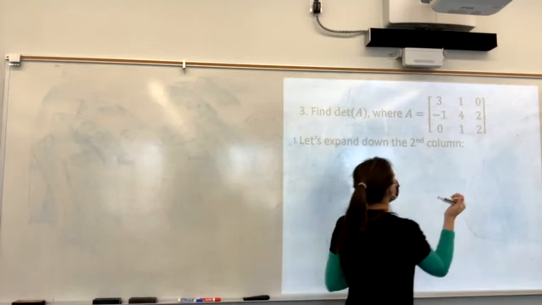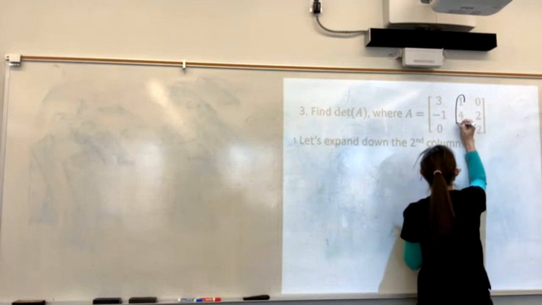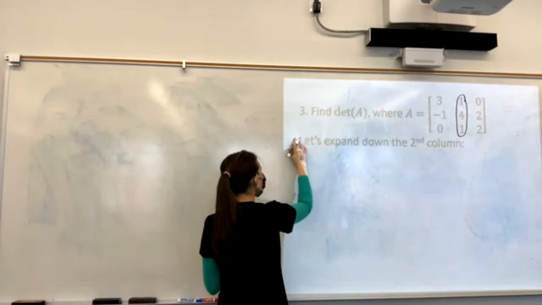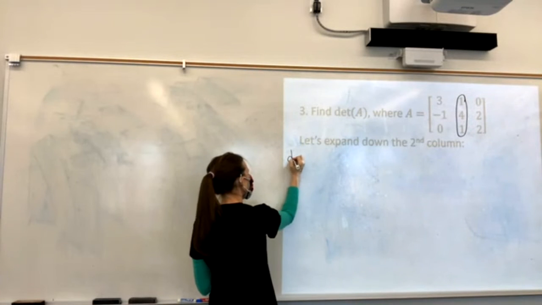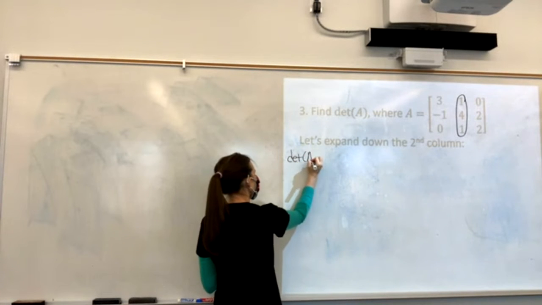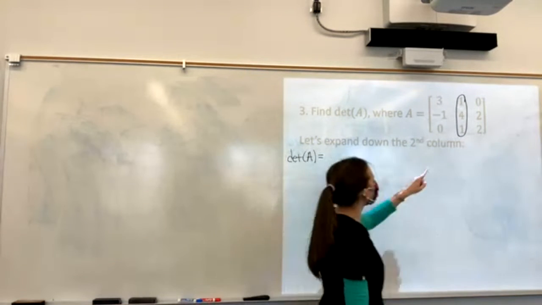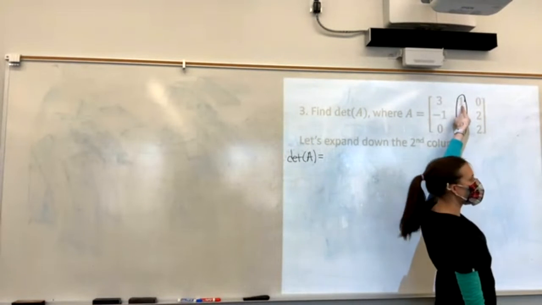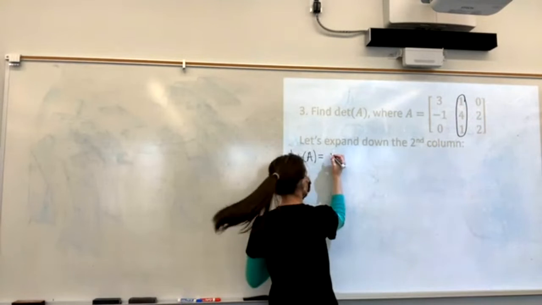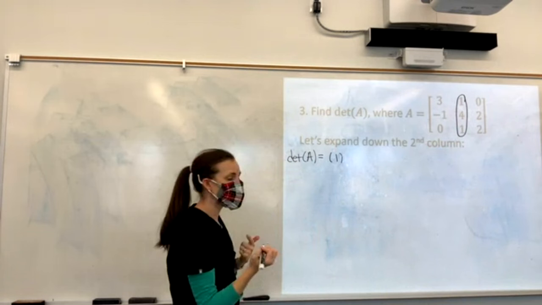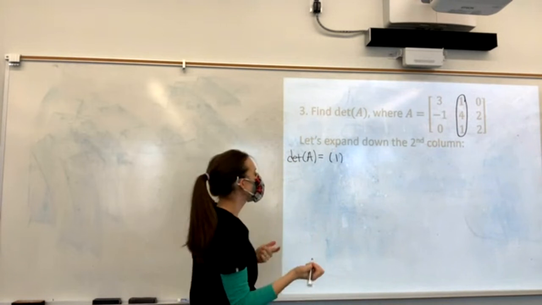So this time we're going to expand down the second column. All right. So our determinant starts with this entry, the number 1. And then we've got to multiply by its cofactor, right?